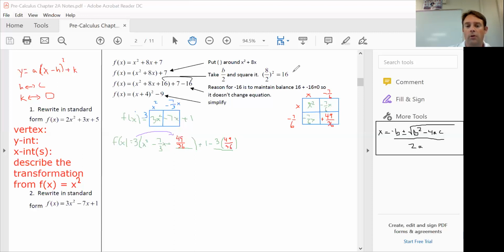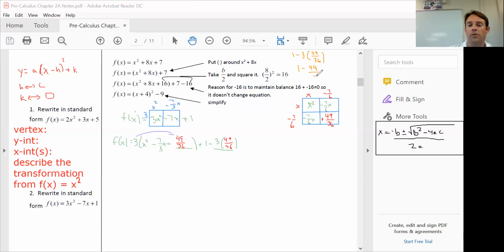And quick little timeout while we figure out what that is. 1 minus 3 times 49 over 36. This little timeout will be brought to you by the letter A, the letter R, and the number 5. Ooh. All right, 1 minus 49 over 12.